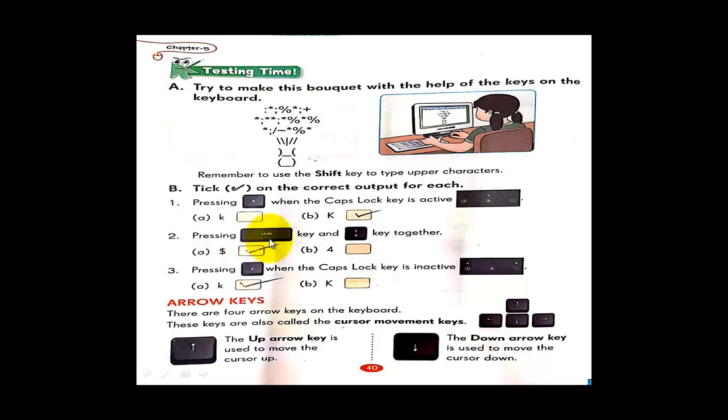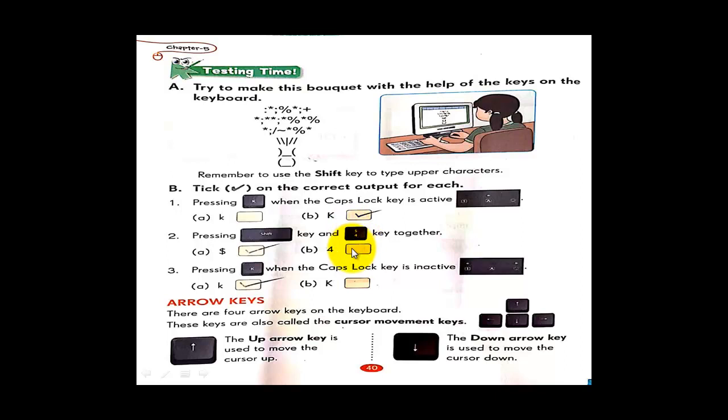Now as I told you in the previous class, if you press shift and if you press a key which has two symbols or two numbers, that is, here we have two characters. The first, the above one, is the dollar sign, and the lower one, the bottom one, is the number 4.